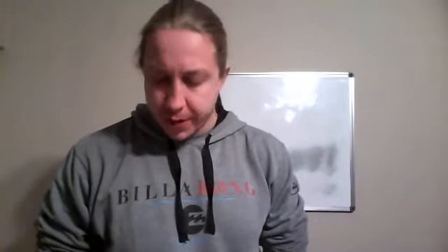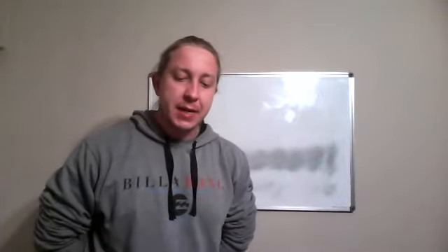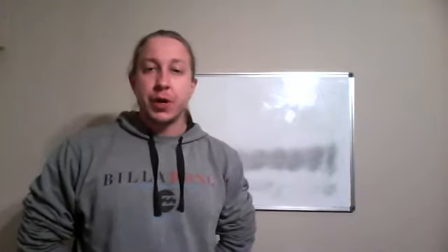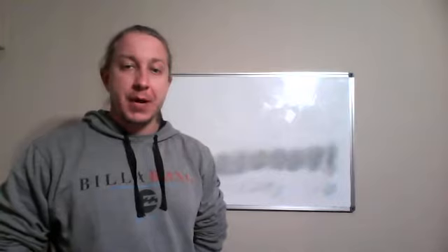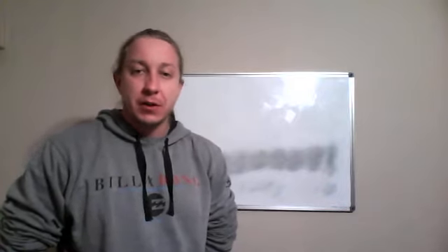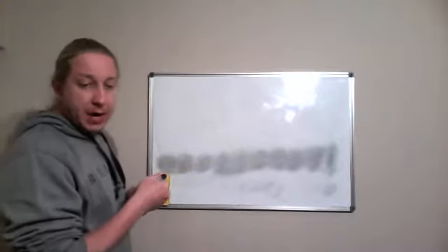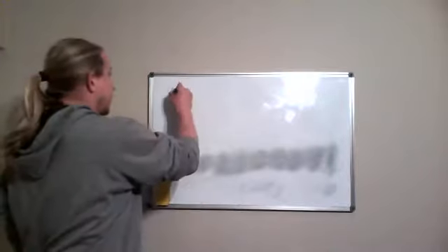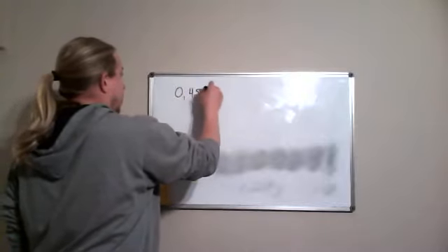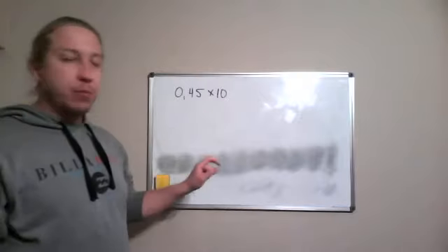Okay, so let's look at the examples on page 97. I'll do the first one, 0.45 times 10. I'm sure you already know how we multiply by a number of 10 or divide by a number of 10, or actually by a factor or multiple of 10. So if we have 0.45 times 10, all we do is we move the comma.